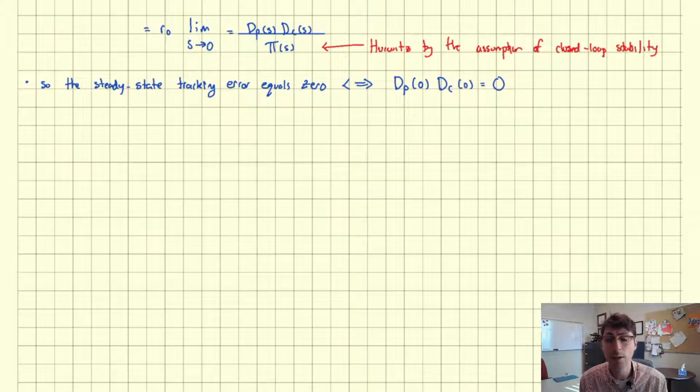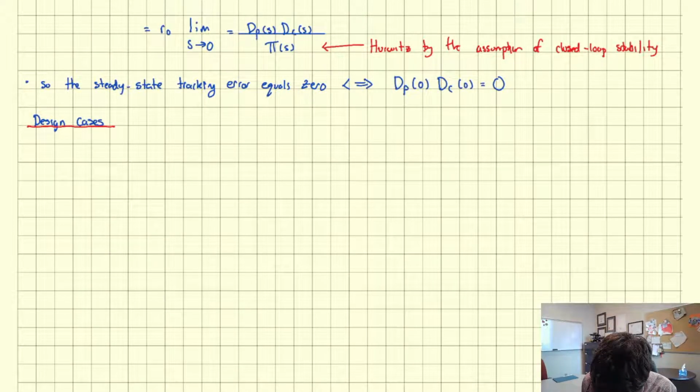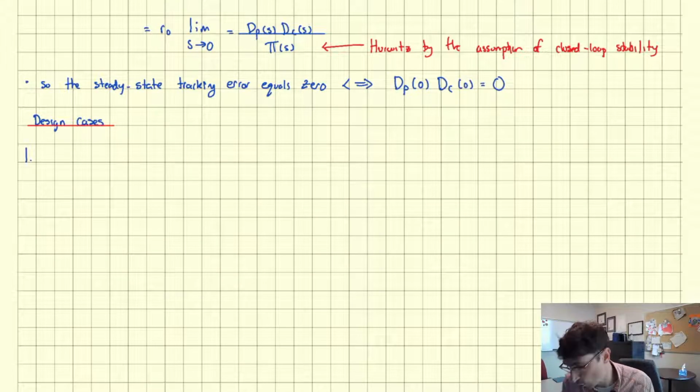Okay, so that gives you a design strategy. If you've got a plant and your spec is perfect step tracking, this gives you a design paradigm with three cases. So design here, we're talking about step tracking. You want to solve the step tracking problem.